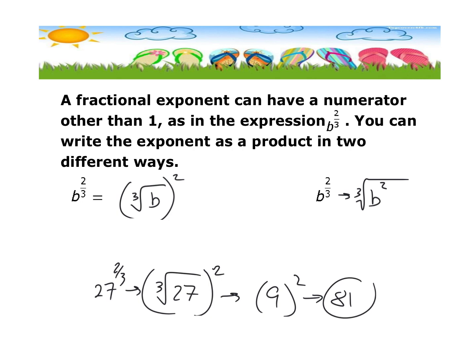So I get 9. Now, if I were to square 27 times 27 and then take the cube root, I would still get the same answer. Sometimes it's easier to do one or the other. It just depends on the type of problem you have.